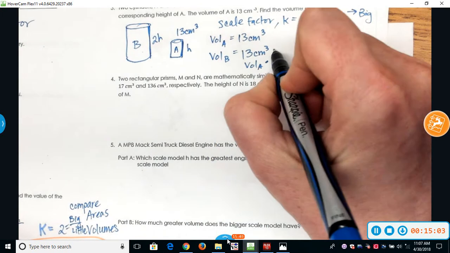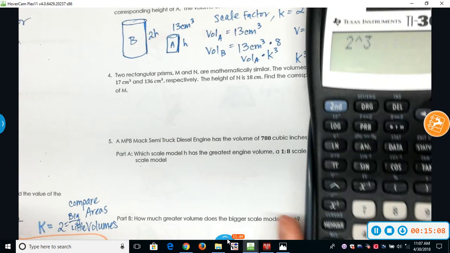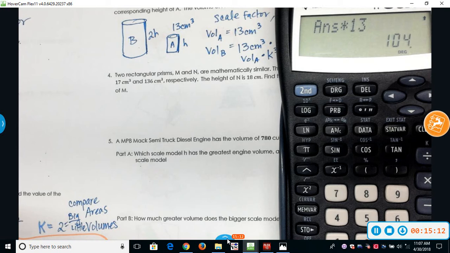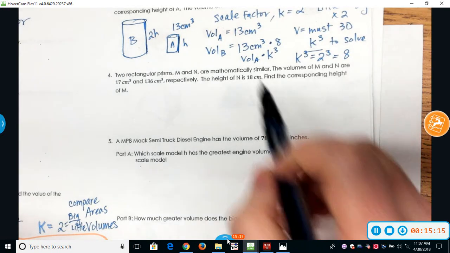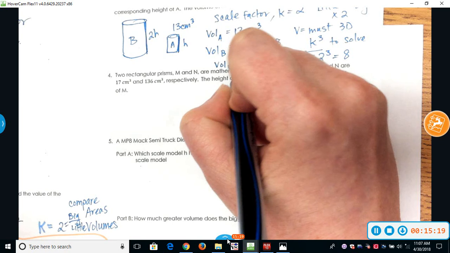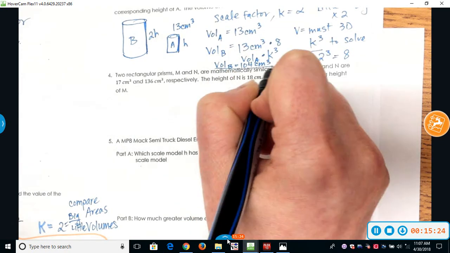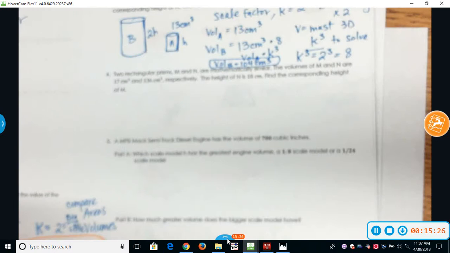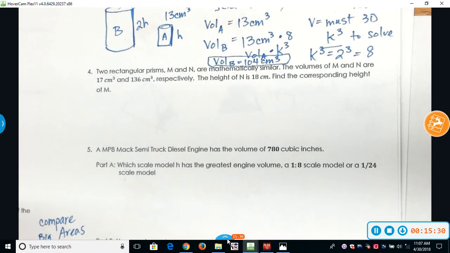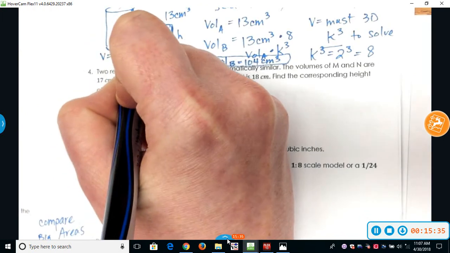So I'm going to multiply this by 8, and then we'll get the volume of B. So 8 times 13 is 104. Thus, the volume of B is 104 centimeters cubed. I know that's really tiny, so I'm going to zoom in for you. All right, the volume of B is 104 centimeters cubed.